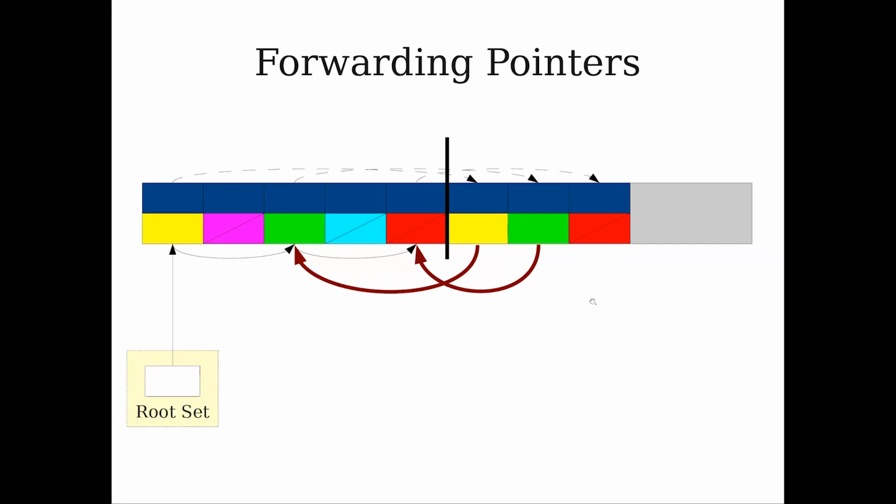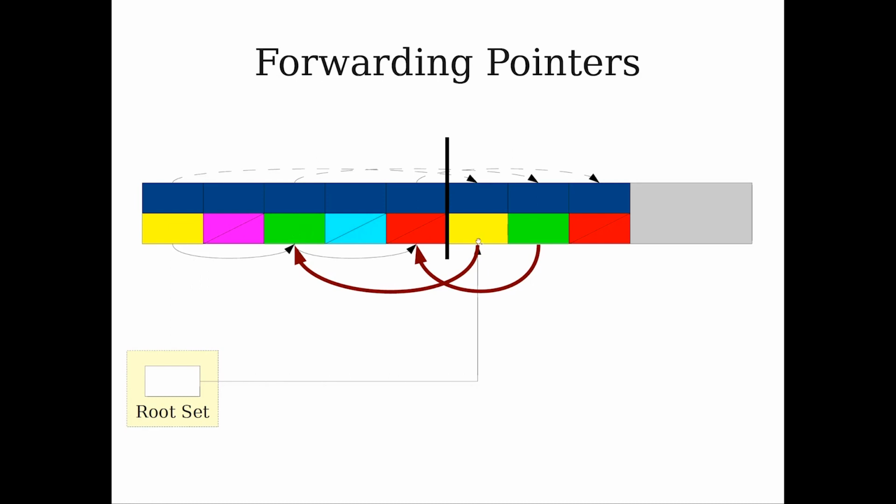Now we have to do one more iteration over the new space, over all allocated objects. I go to yellow, to yellow dot next, basically any pointer that yellow is pointing to. And what I do is replace this next by the forwarding pointer of next, assuming this field is next.